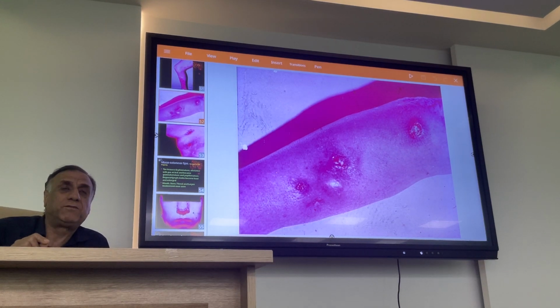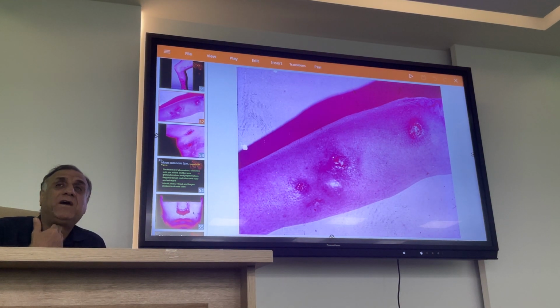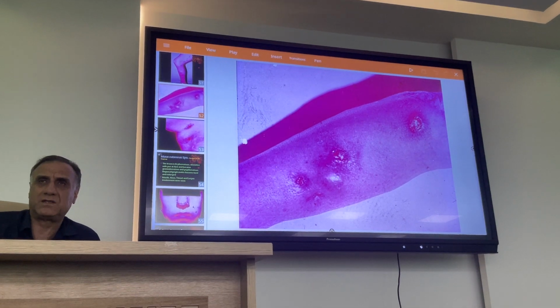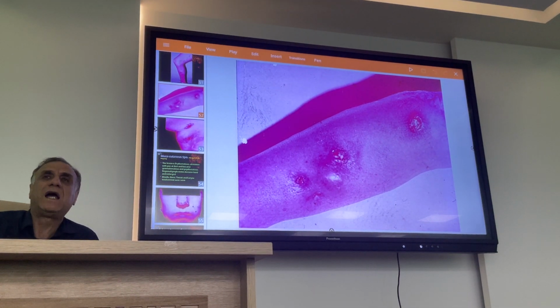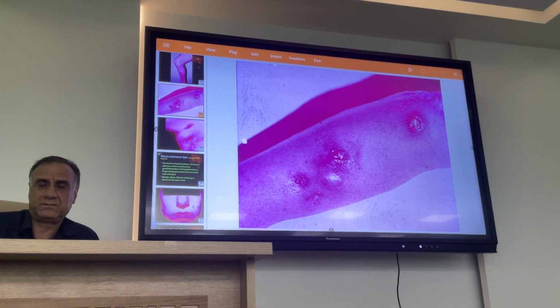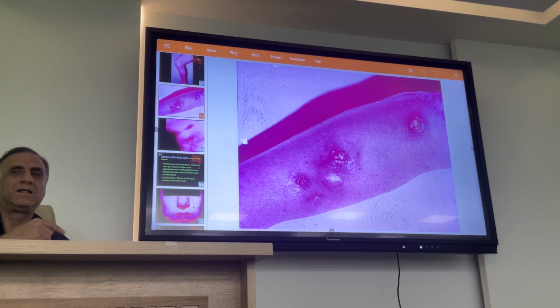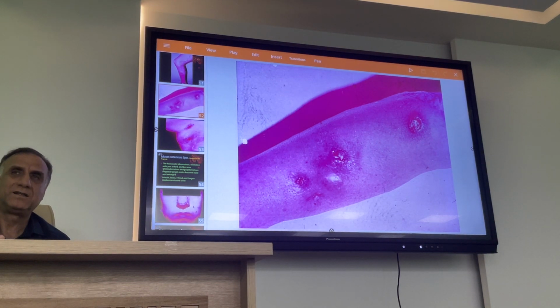There is a dangerous form of mucocutaneous involvement of the pharynx and larynx, and usually there isn't a correct diagnosis, and you have a misdiagnosis, and the treatment is not good and not correct because usually you think there is a viral infection or bacterial infection.